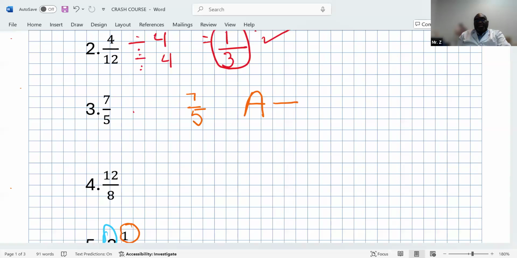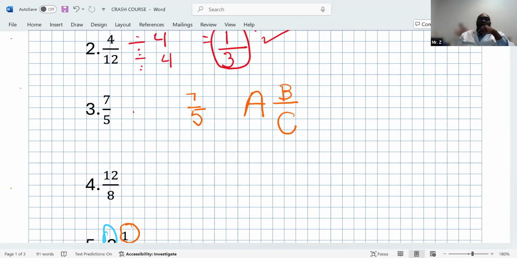It's going to be like this, where A is going to be a whole number. A is the quotient of the division. It means whenever you're dividing an improper fraction, you will not get a perfect division. You will get some kind of remainder.